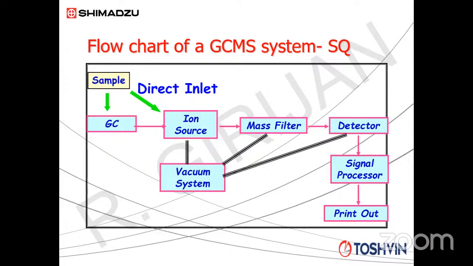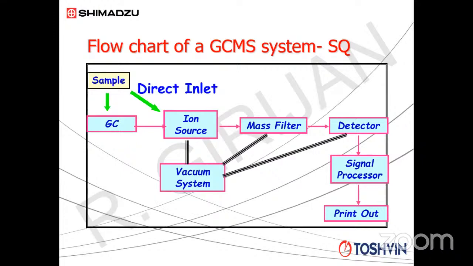Your sample will undergo ionization in the ion source, and depending upon the sample type and the structure of the compound molecule, different ions will be formed, and all these ions will have various mass numbers. Now these ions are going to be separated on their mass number by the mass filter, or sometimes it is also referred to as the mass analyzer. And all these ions from the ion source will ultimately be taken to the detector, which is an EMT, I told you, an electron multiplier tube.